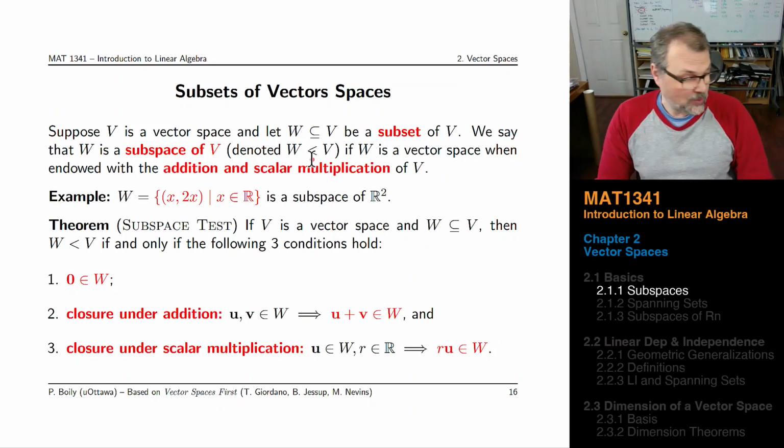We need to verify that whatever plays the role of the 0 vector is in the subset W. We need to show that W is closed under addition.